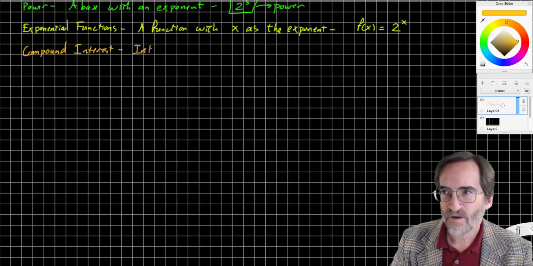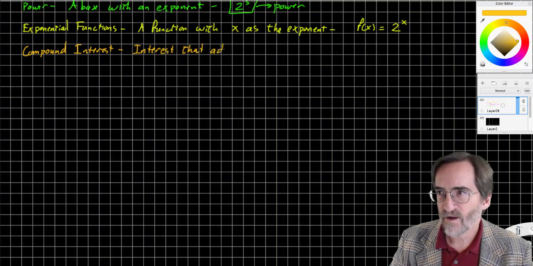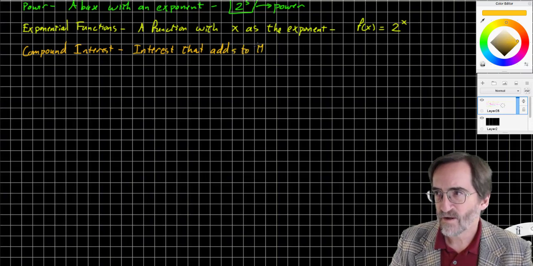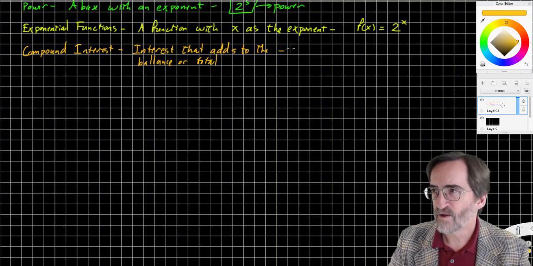Interest that adds to the balance or total, increasing it.